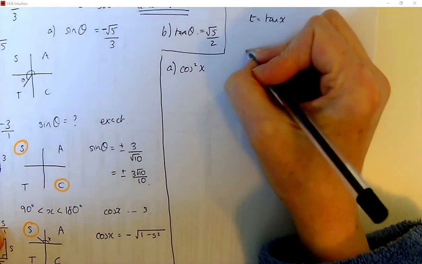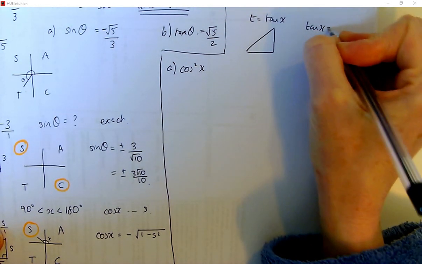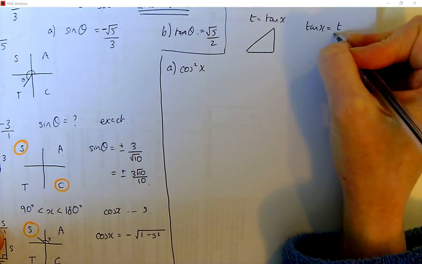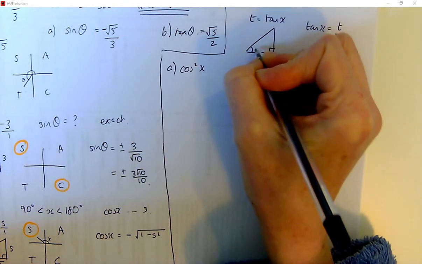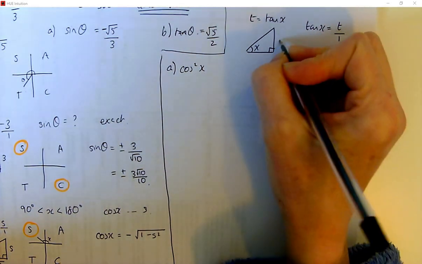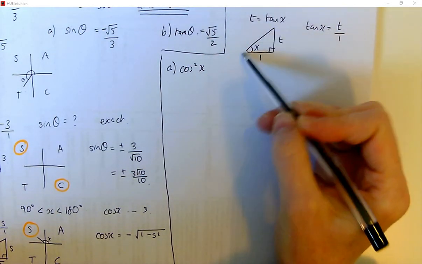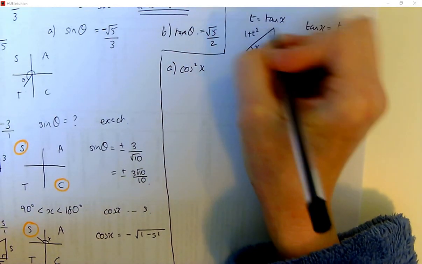So let's have our right angled triangle. Tan x is equal to t, which is the same as opposite over adjacent, so I'm going to put 1. Here's my right angle, I'm going to put my x down there, opposite side t, adjacent side 1, and we can work out the hypotenuse by doing 1 squared add t squared, so 1 plus t squared.